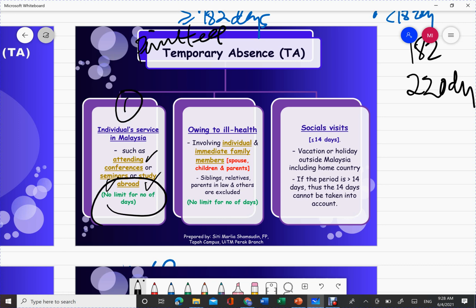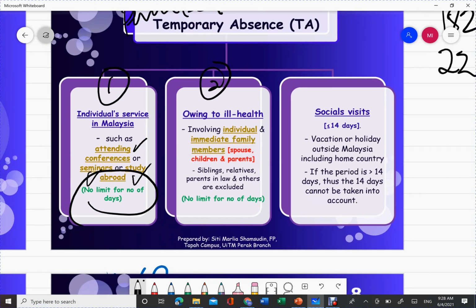Okay. Lepas tu yang secondly, due to ill health. Ill health ni sama ada yang sakit tu dia tu sendiri, the individual himself, ataupun dia punya immediate family member. But you have to bear in your mind, immediate family member, we are only referring to the spouse, sama ada the husband or the wife, and the children and also parents.